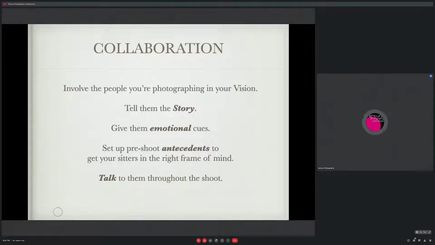The same thing applies when you're photographing a portrait. If there are elements that are going to distract the person you're photographing from thinking and feeling and behaving in a way that is able to create this collaborative vision, then you need to remove them. The most basic example is children and electronic devices.